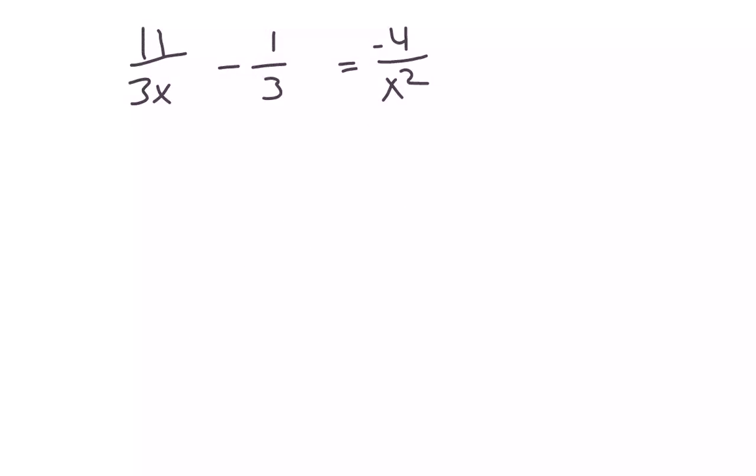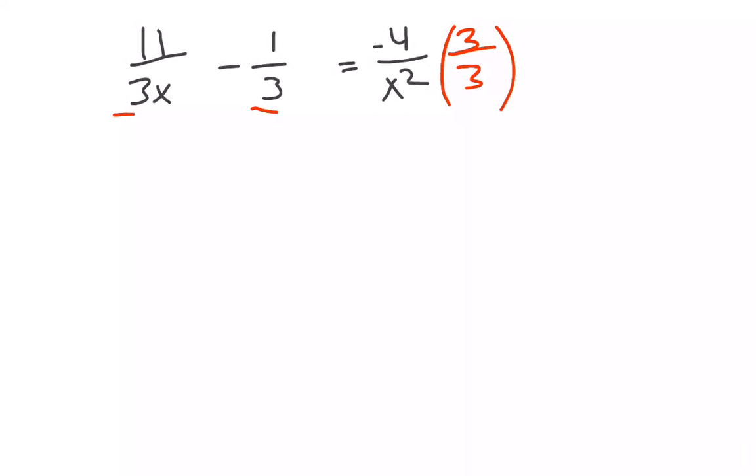Going on to this one, 11 over 3x minus 1 over 3 equals negative 4 over x squared. So first I need some common denominators all around. Now, my first two fractions have a 3, so that means I'm going to have to multiply my last one by a 3 over 3.